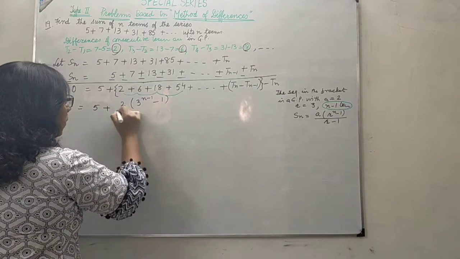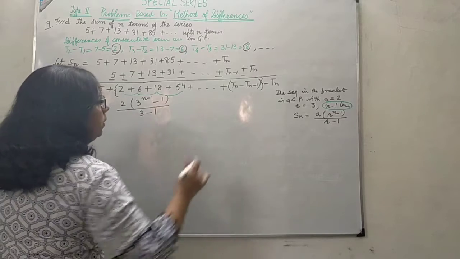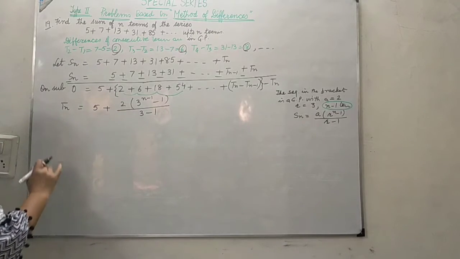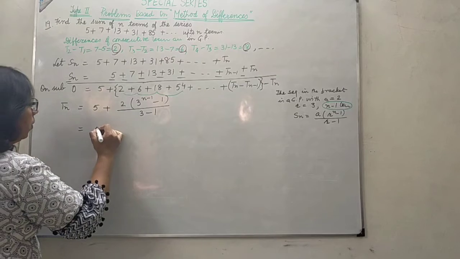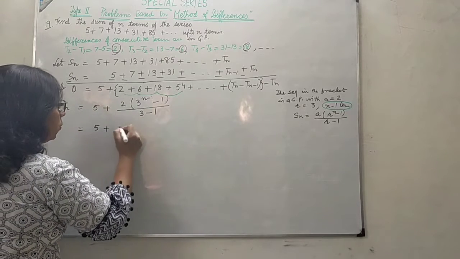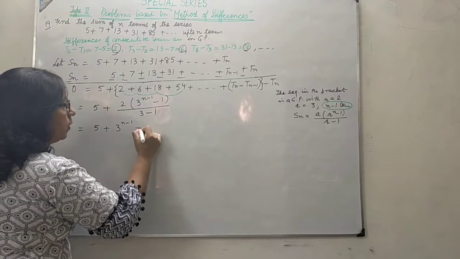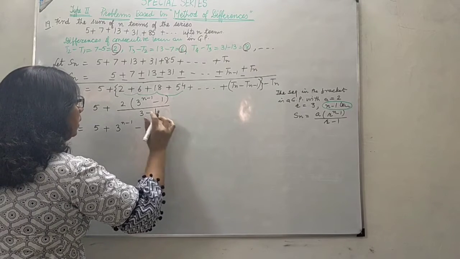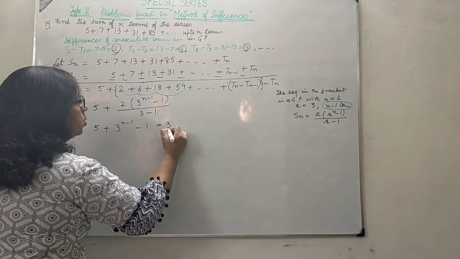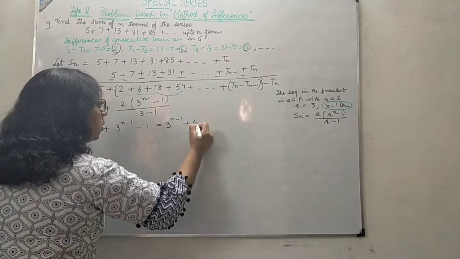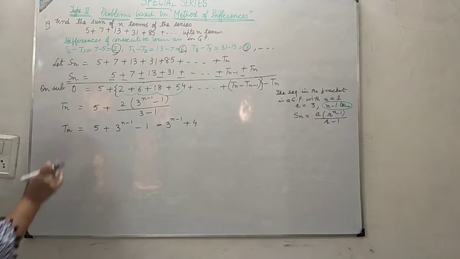Then minus 1 upon 3 minus 1. This Tn will go on the left side. So we now have 5 plus 2 by 2 cancel down, 3 raised to power n minus 1 minus 1. That means Tn will become 3 raised to power n minus 1 plus 4. Now this is your general term.